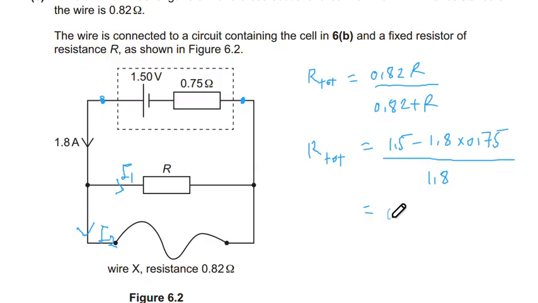This gives us R total as this value, and we can substitute in this equation and rearrange. We can find something like that.